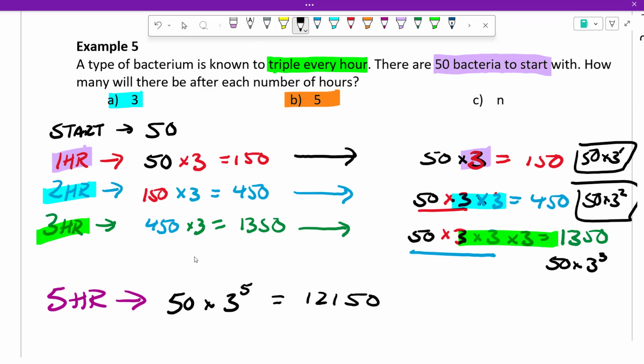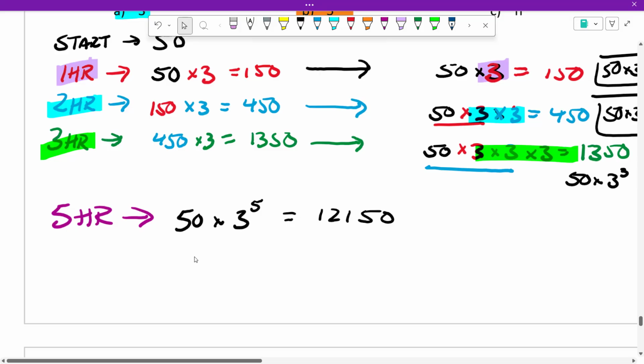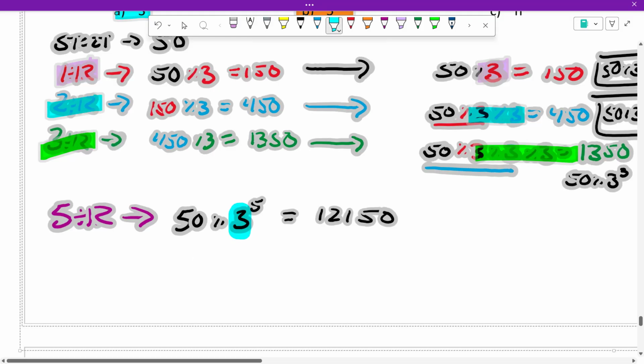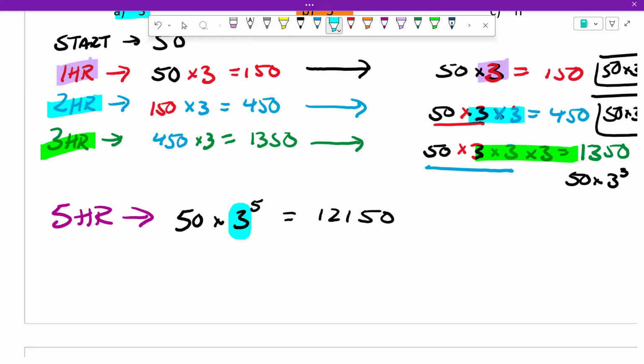This number 3 is how the population reproduces, because not all bacteria triple. Some of them might be doubling. Some of them might be quadrupling. So if I have a different question, say we have a bacteria that doubles every hour, that number wouldn't be a 3 anymore. It would be a 2.